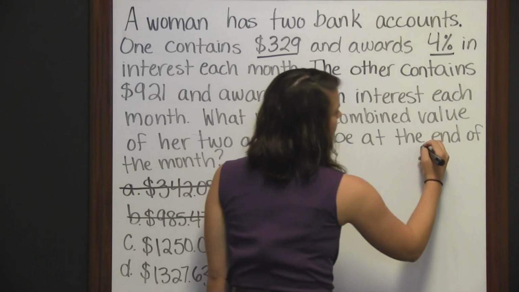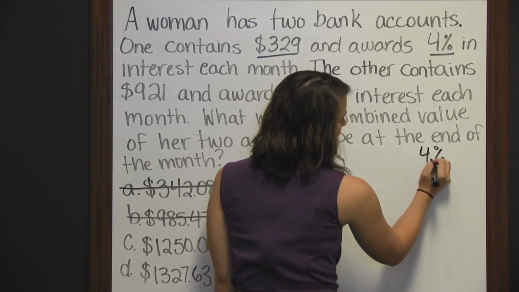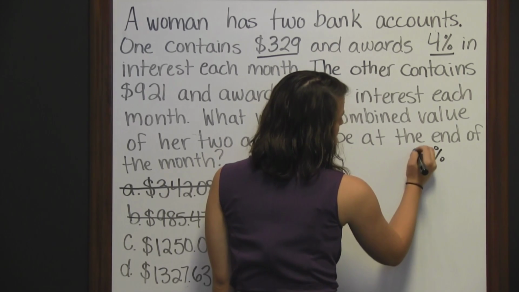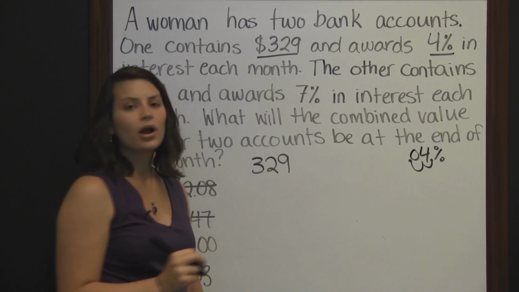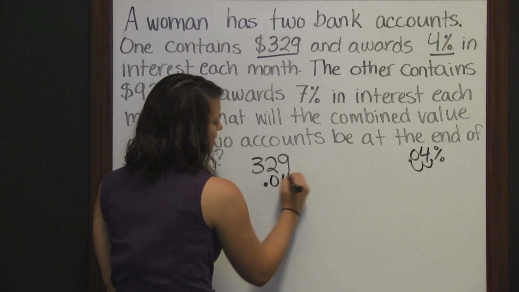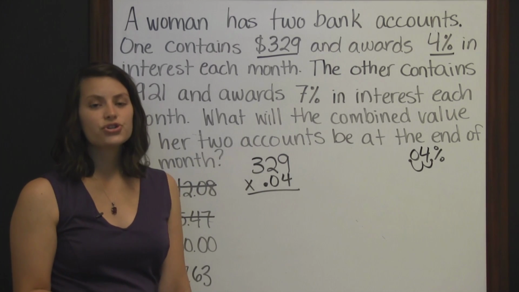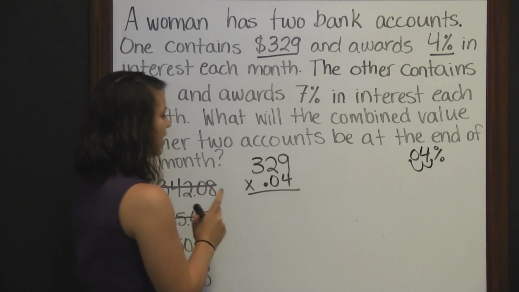So 4% as a decimal, the decimal's in the back, move it 2 places to the left, is 4 hundredths. So we're multiplying 329 times 4 hundredths. And again, this is to find how much interest was earned in this account.